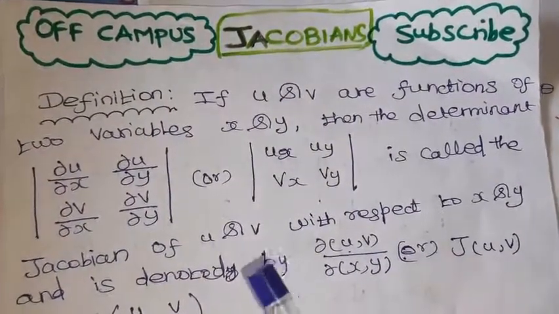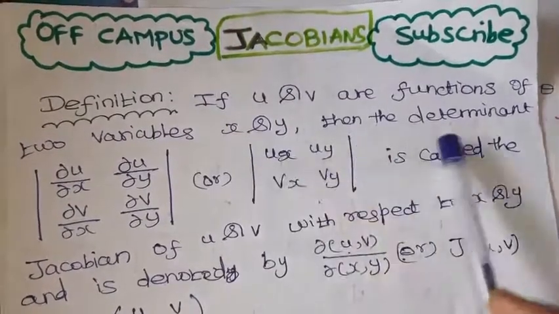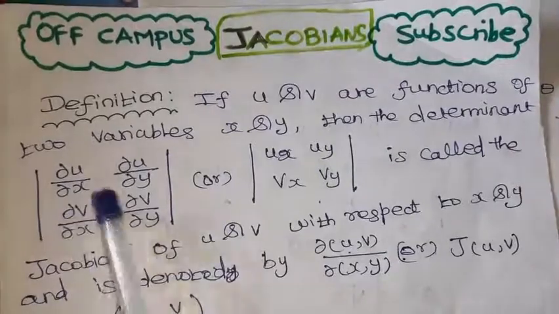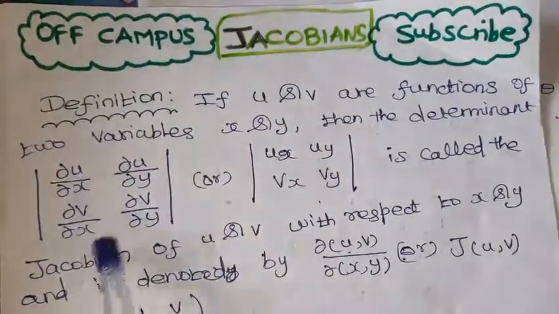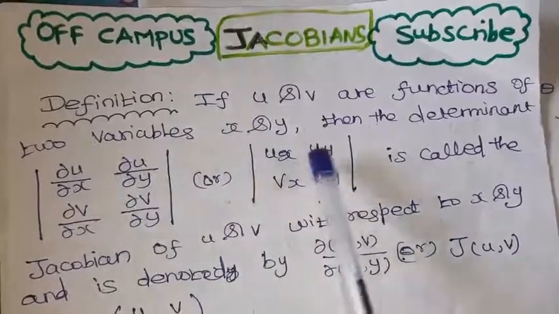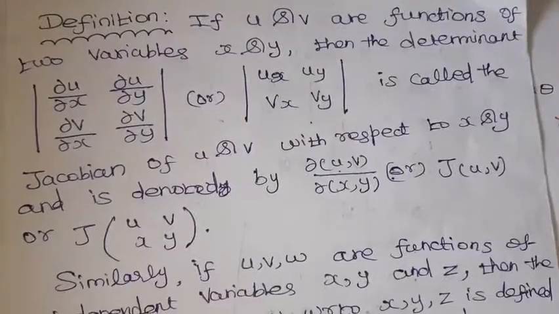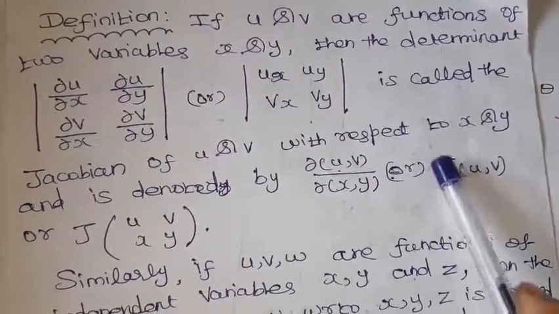The definition is: if u and v are functions of two variables x and y, then the determinant with rows ∂u/∂x, ∂u/∂y and ∂v/∂x, ∂v/∂y, or in simple terms ux, uy, vx, vy, is called the Jacobian of u and v with respect to the variables x and y.